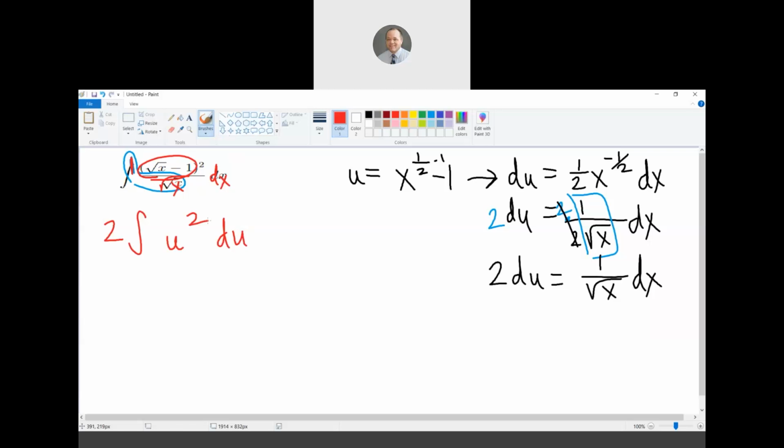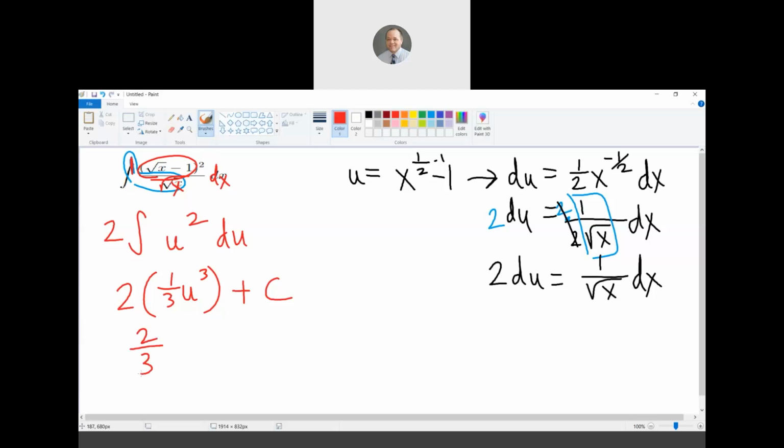In most cases, when you use the substitution method, you end up with something pretty easy to integrate. So when we integrate, we have 1/3 u cubed plus c. And I can go ahead and multiply that 2 times 1/3.